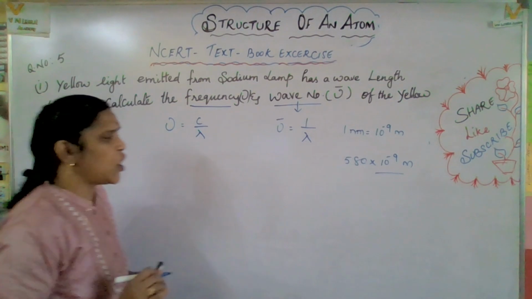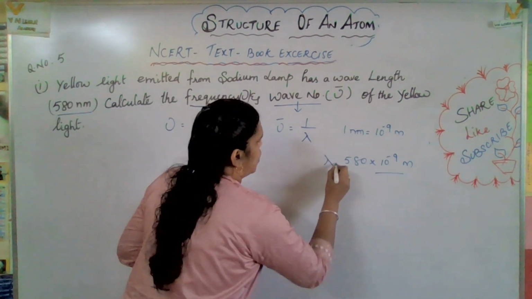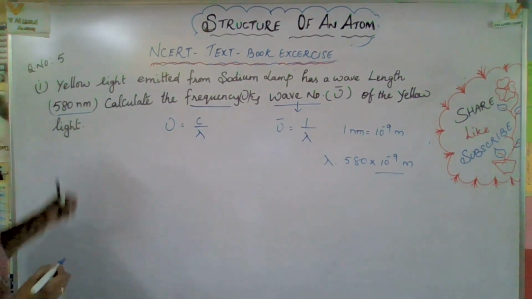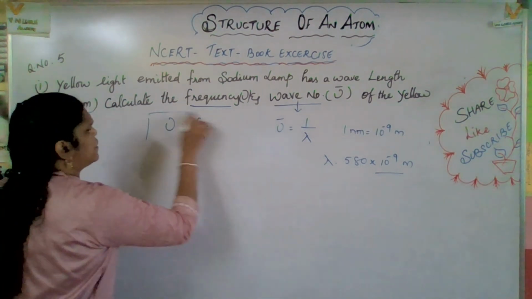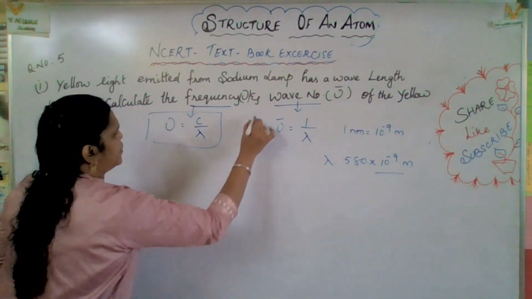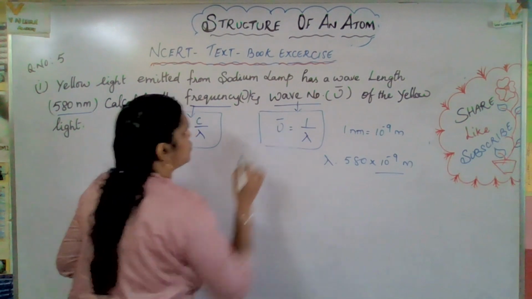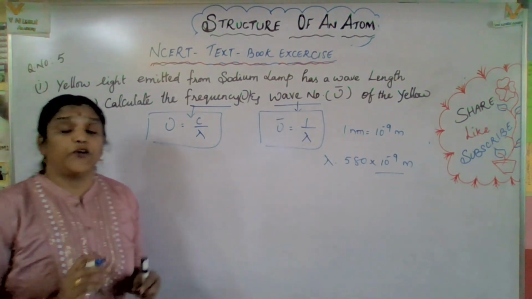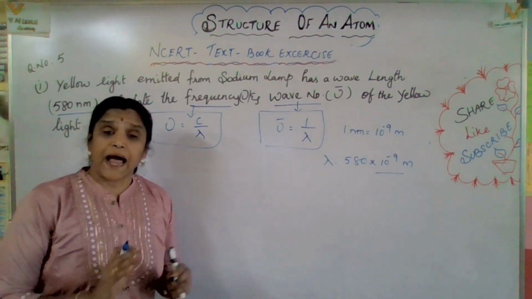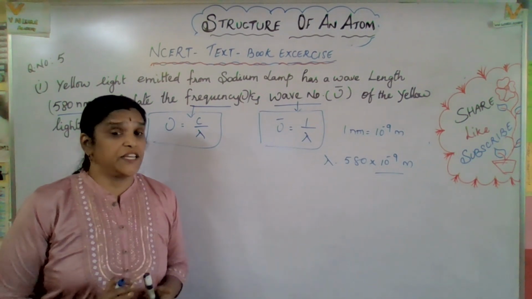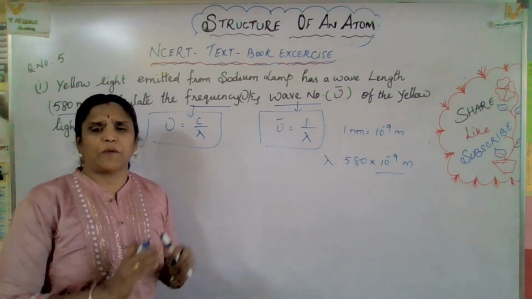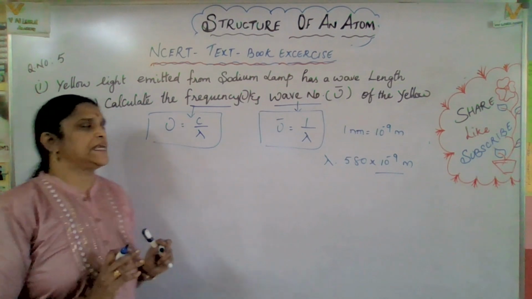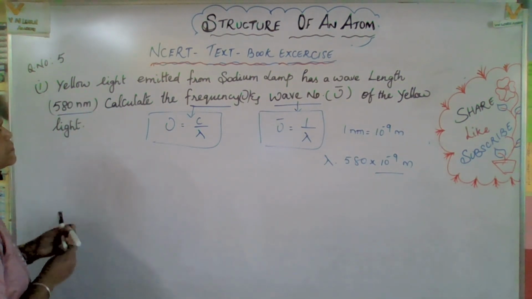Now you have the wavelength, right? Here you have to find the frequency, and also the wave number. If you know the formula and the concept, you are a genius at solving such problems. It's very simple and easy. Come on, let's solve this problem.